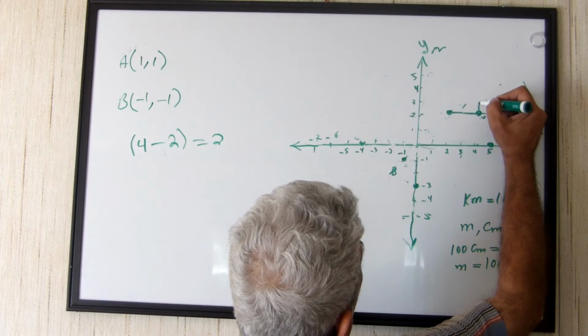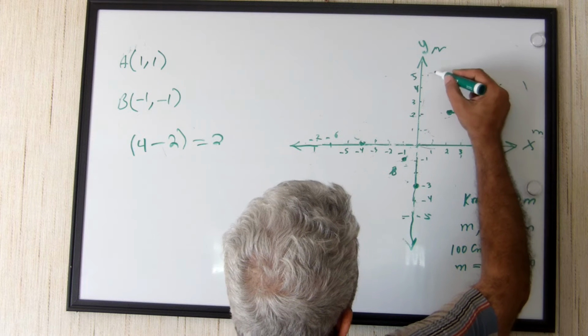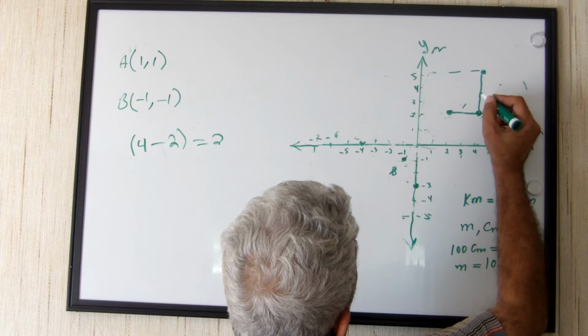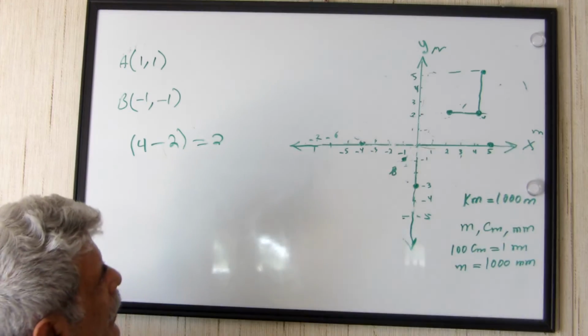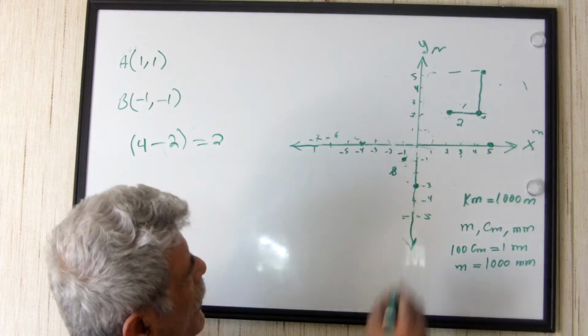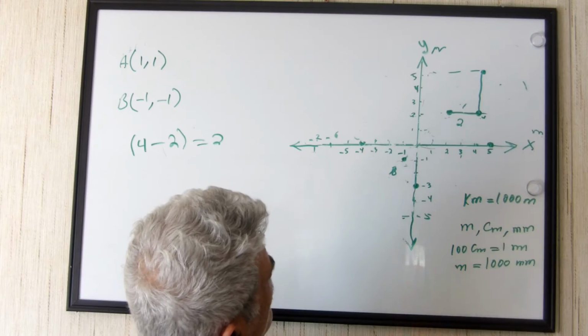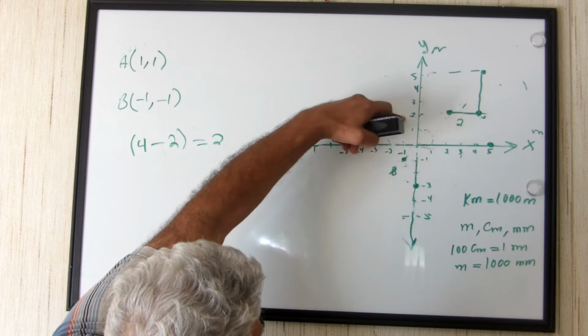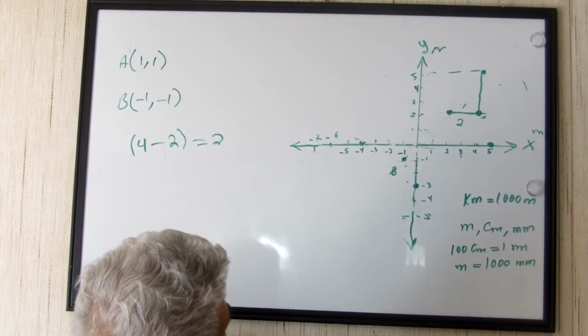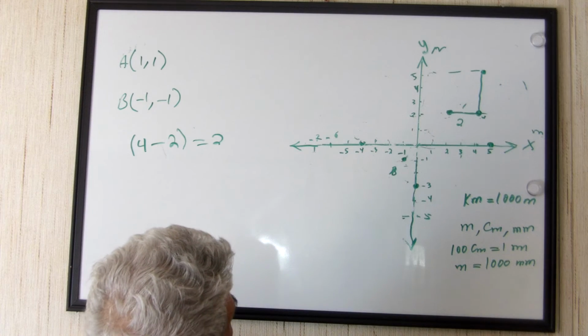From here to here, this is 5. From here to here, we find the length is 2 because only x changes, and the y is the same, 2, for both.